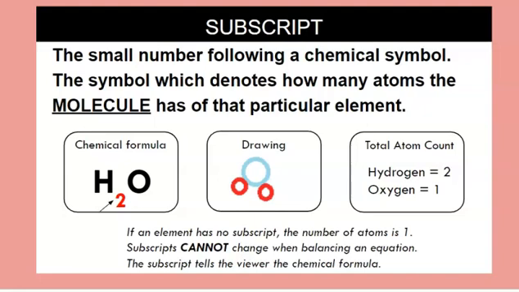In the chemical formula H2O, we have 2 hydrogens because the subscript after H is 2. We have 1 oxygen because there's no subscript after oxygen. This is because if an element has no subscript, the number of atoms is 1.